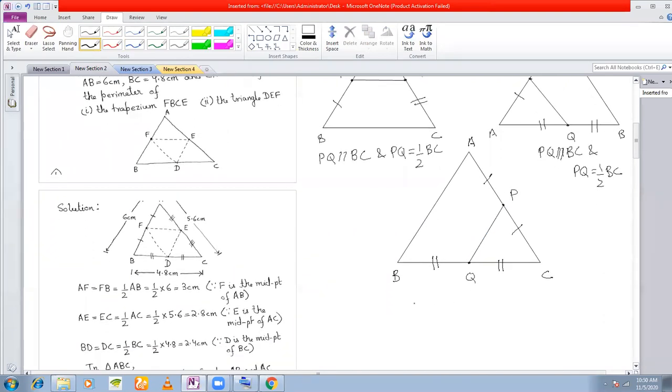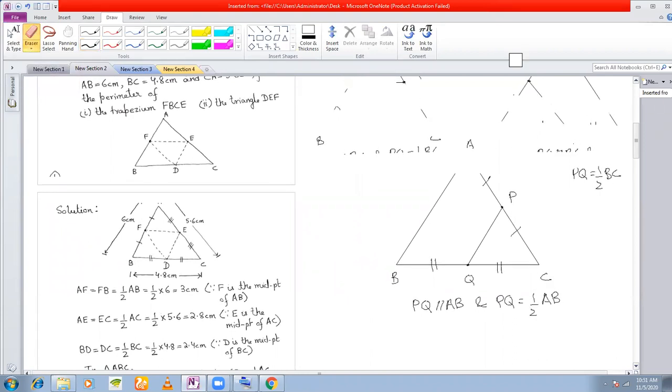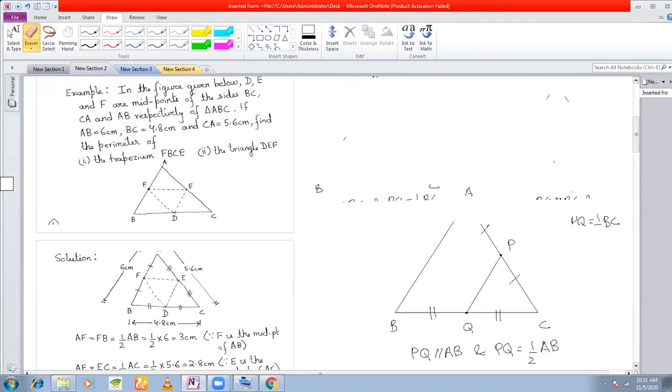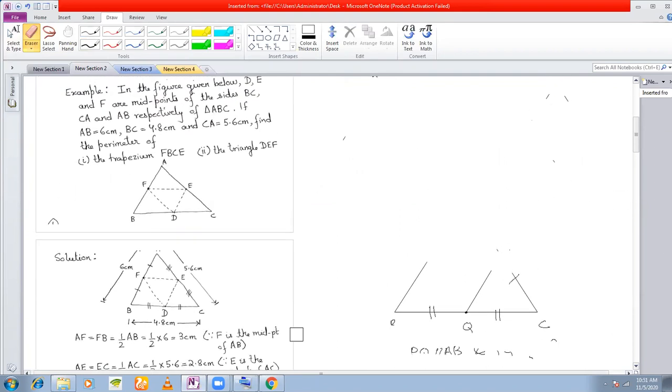Therefore, what can you say here? You can say PQ is parallel to AB, and the length of PQ is half of the length of AB, the third side. So this is what the midpoint theorem means. Yesterday I explained this to you. We'll see one example, a sum from the midpoint theorem.